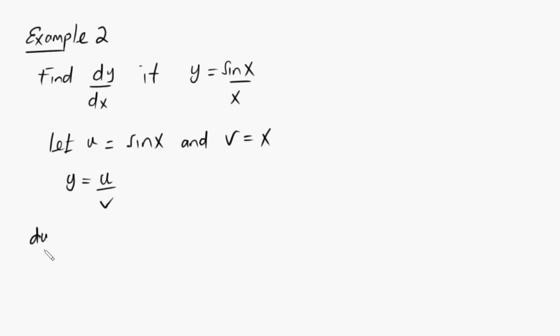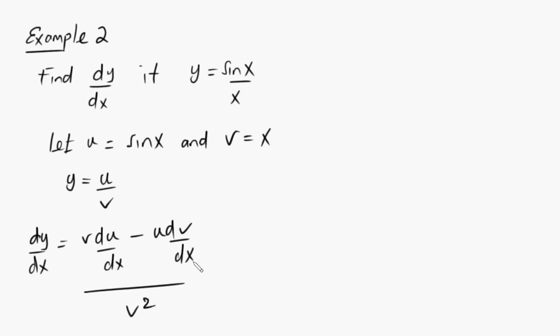So dy/dx can be obtained by the quotient rule, which was v du/dx minus u dv/dx over v squared. So my dy/dx is just equal to, okay, before I solve this, I have to find du/dx and dv/dx. So from u equals sin x, my du/dx.